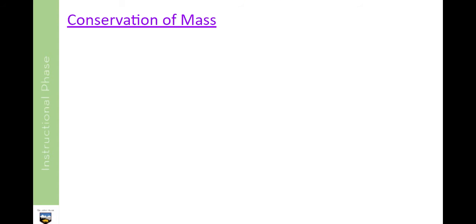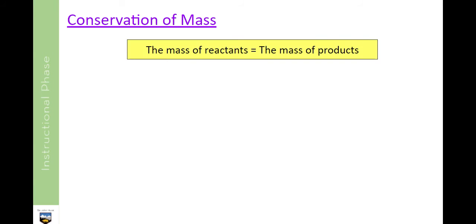Now that leads us on to the final lesson of the topic, which we covered last week, and that was all about how the mass of a reaction doesn't change. We call this the conservation of mass. The mass of the reactants should always be the same as the mass of your products.